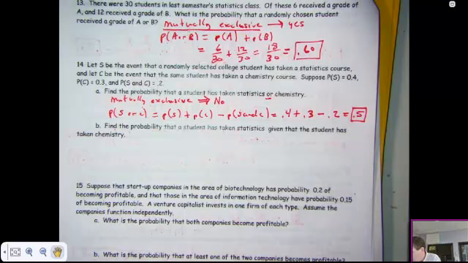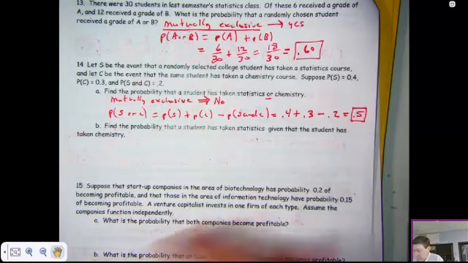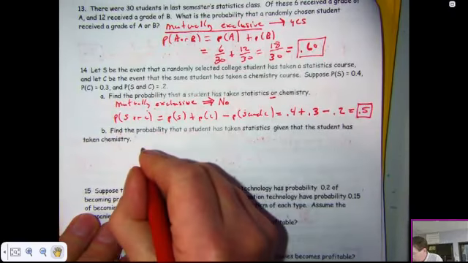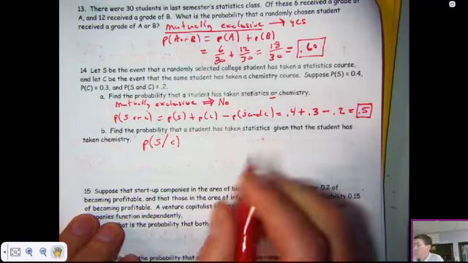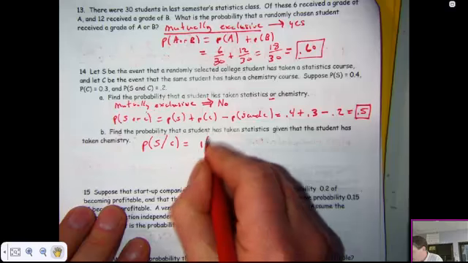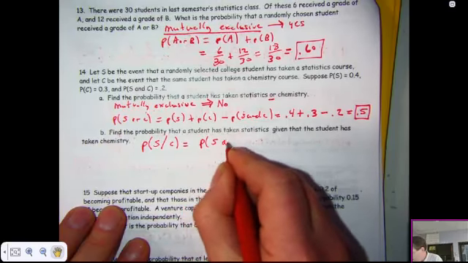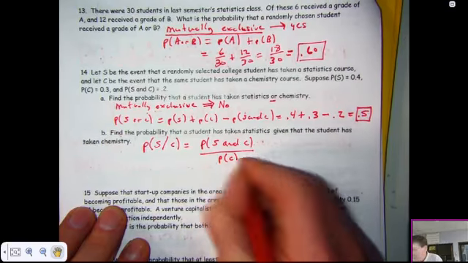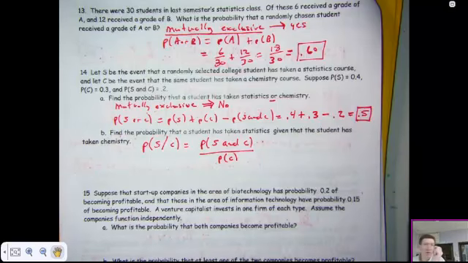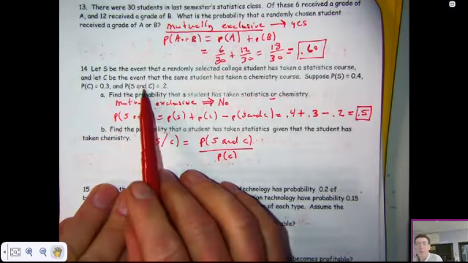Okay, so on B, the probability that a student has taken a stats course given the student has taken chemistry. So it's conditional, right? I want the probability of stats given chemistry. That's the probability of stats and chemistry divided by the probability of chemistry. It's always divided by the condition, right? So my top number is stats and chemistry, which is 0.2.